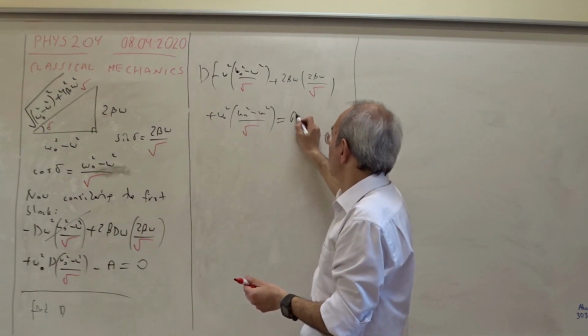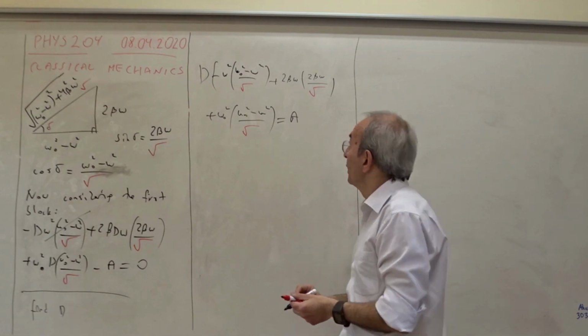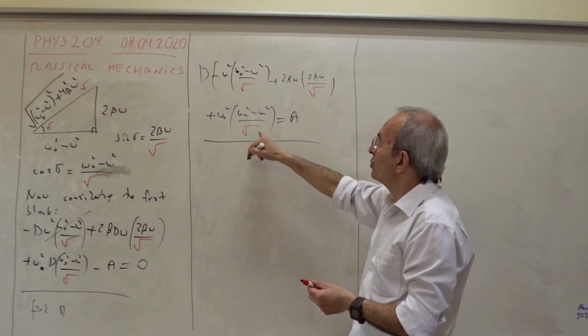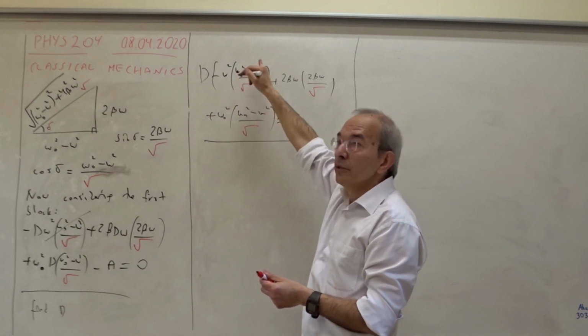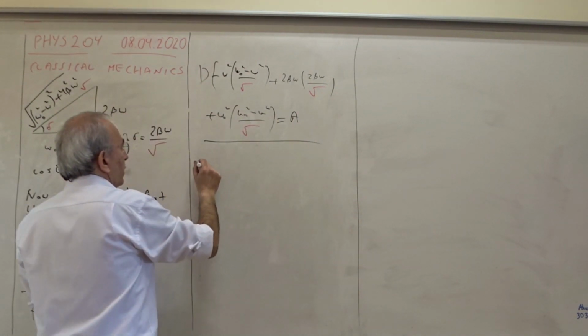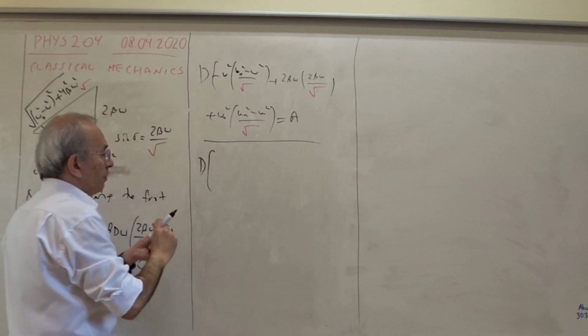Let's take A to the other side, equal to A. So we have some similar terms because this is the root of what is in the numerator. So we have, let's say, D multiplied by.